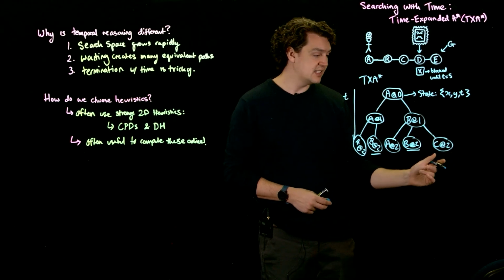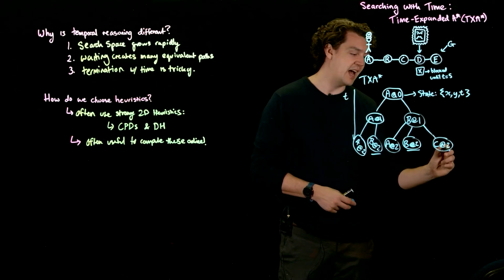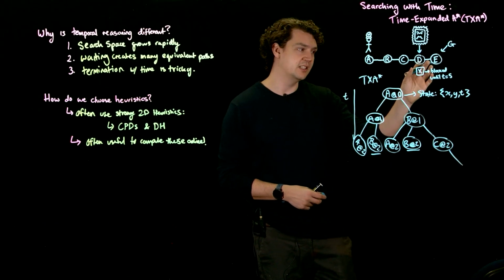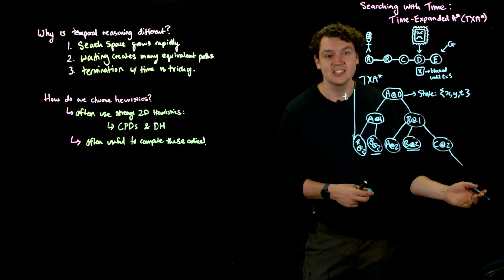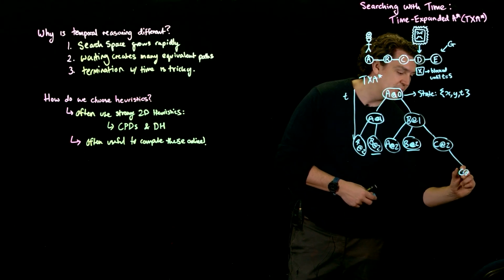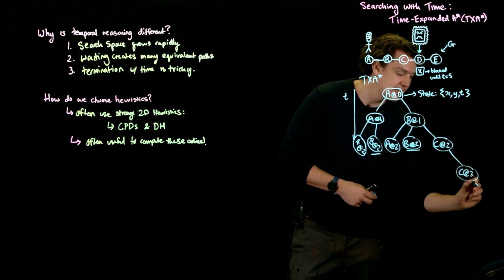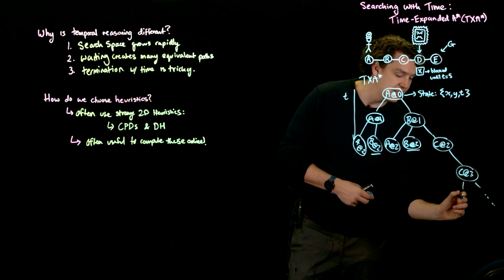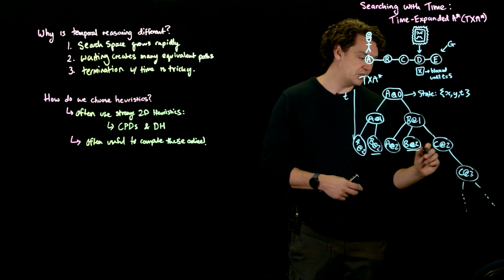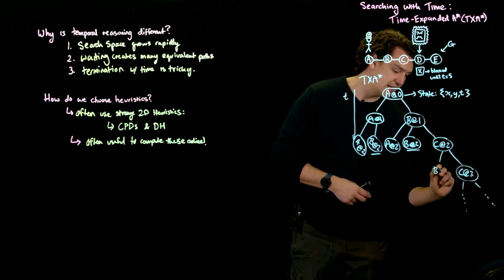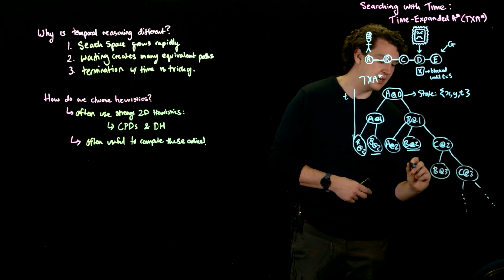From C, here's where it gets interesting, right? Because we cannot continue to D because it's not yet time step 5. We have all of these waiting actions remaining. So you would have to wait at time step 3, right? There's a lot going on here. And then you also have the option to move back to B at time step 3 as well.